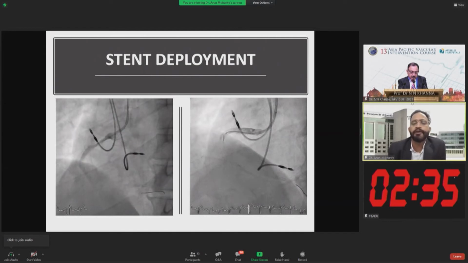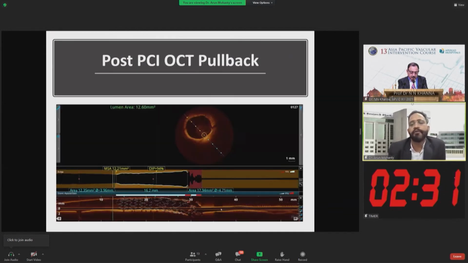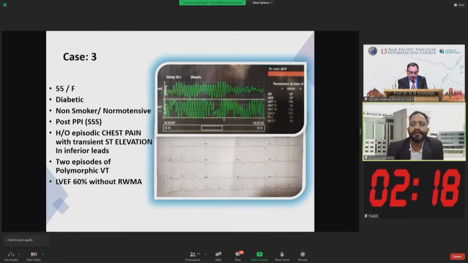Some data are coming up to support that you can leave them without stenting if you have TIMI 3 flow. But we stented this patient, and the patient remained all right. So the debate is 15-day-old post-ACS plaque rupture patients with non-critical stenosis: whether to stent or not. It's an evolving field.